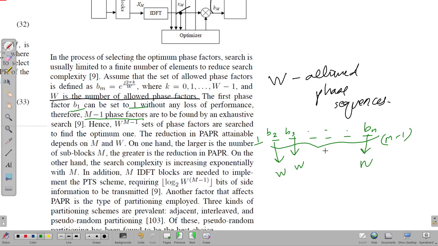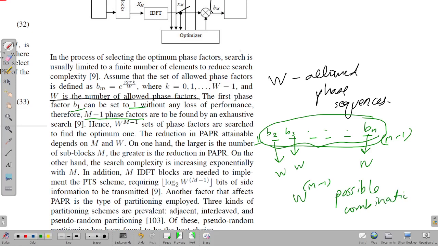And how many combinations are possible? You can have here b2, b3 up to bm, m minus 1 places. So you have w multiplied m minus 1 times, so w^(m-1) possible combinations of phase. Okay, I hope the idea is clear for you.